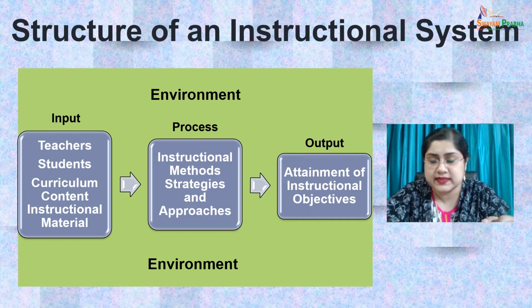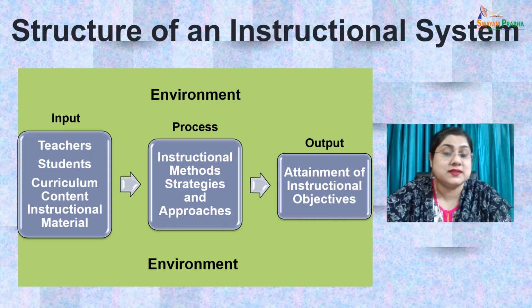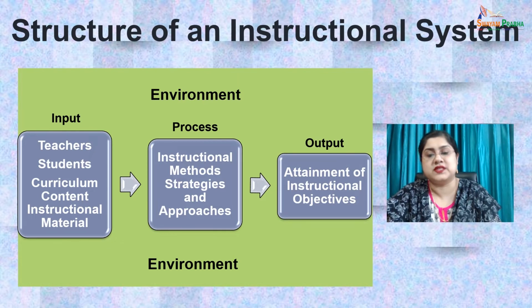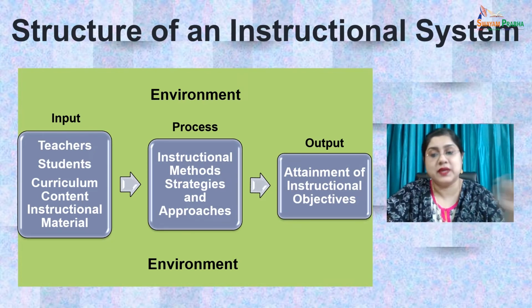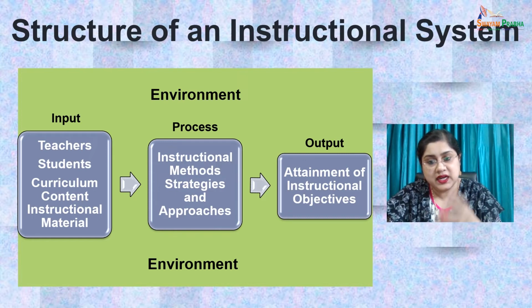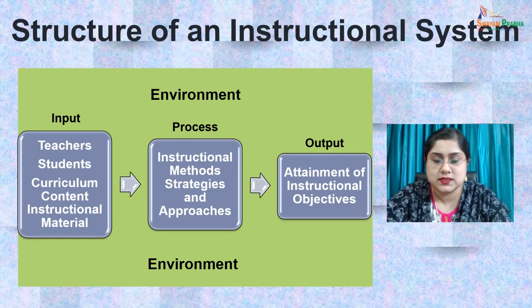Then the next step is the obtaining of the output. And what we obtain in the output is when we attain the instructional objectives, which are stipulated in the beginning itself. So once we attain the instructional objectives, basically we can say that now the instructional system is complete.